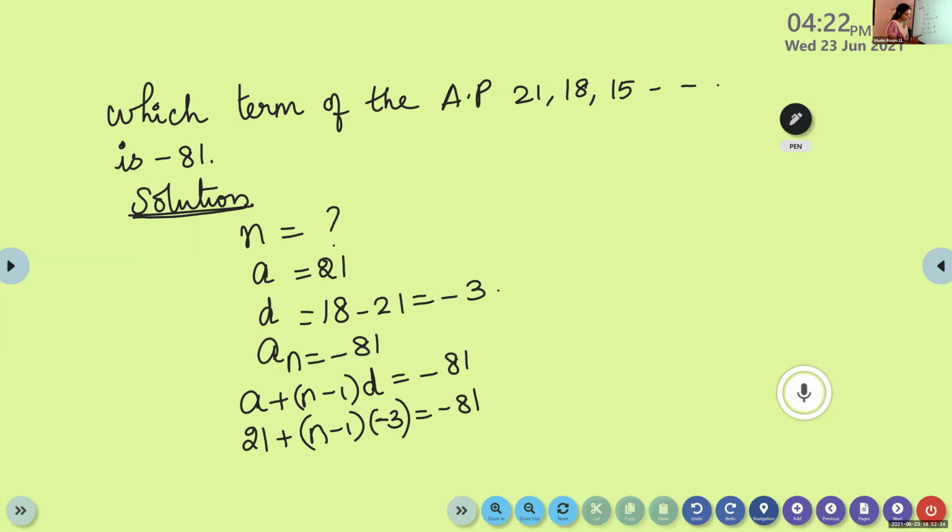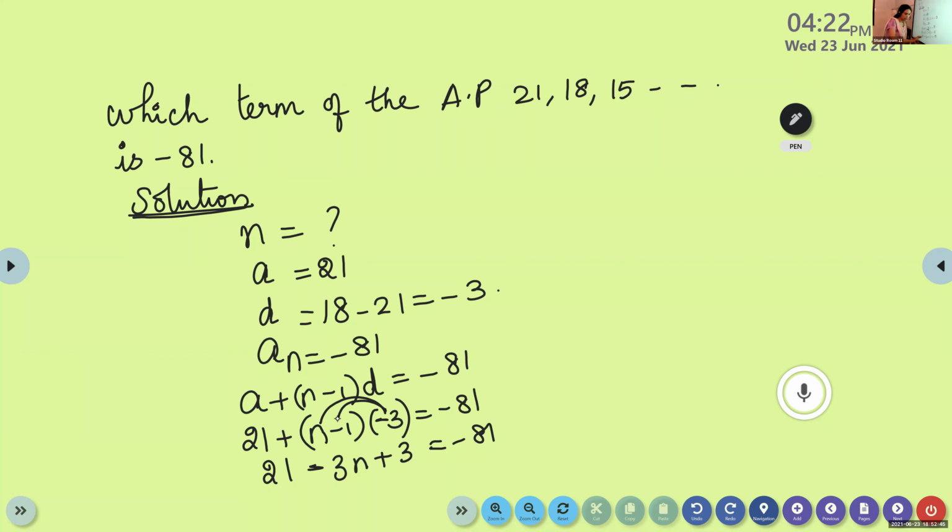Now you can open the brackets. -3 into n is -3n, and -3 into -1 is +3, is -81.